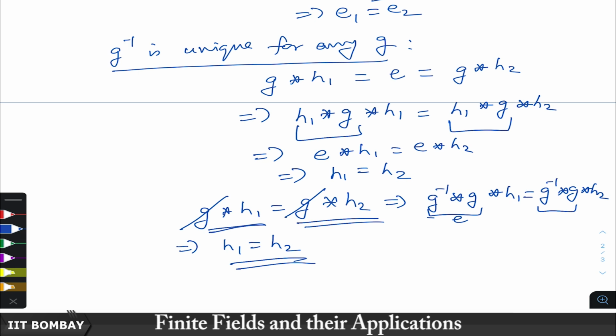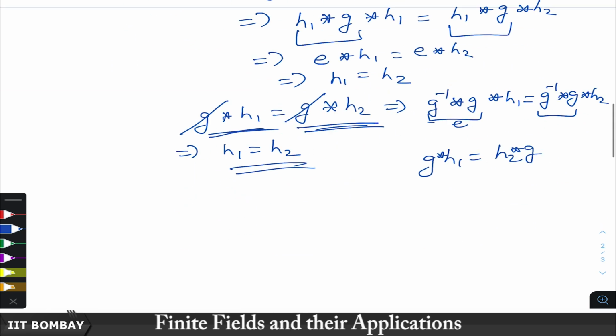Because G is on the left hand side on both sides, you can cancel, but if we have G H1 is H2 G, then we cannot cancel G from both sides, because we do not assume that the operation is commutative.